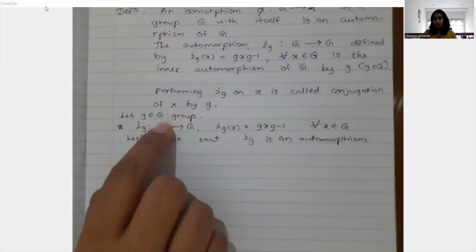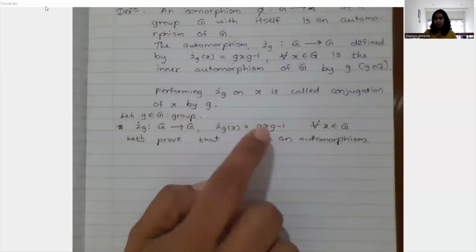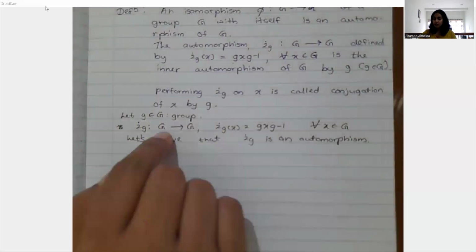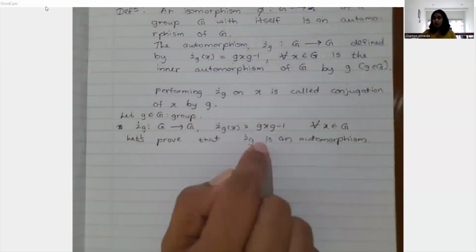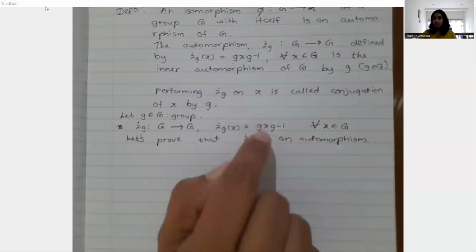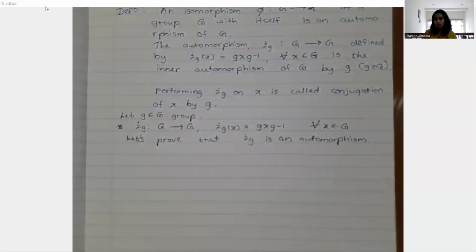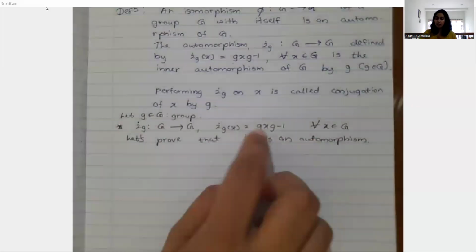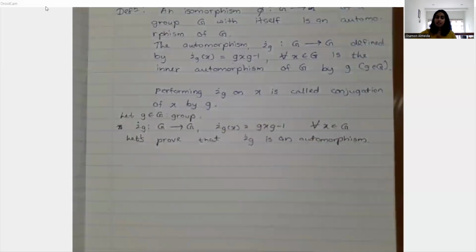You take any element x from G, it will be mapped to the element g x g inverse. g is an element in the group, x is an element in the group, and because it's closed under the binary operation, this element that you see on your right is an element in G. So we can easily see the mapping is actually from G to itself, right?